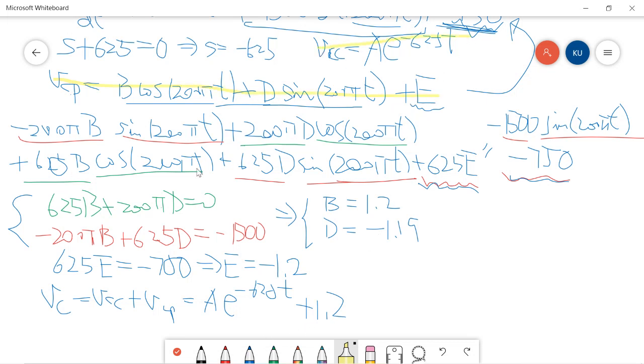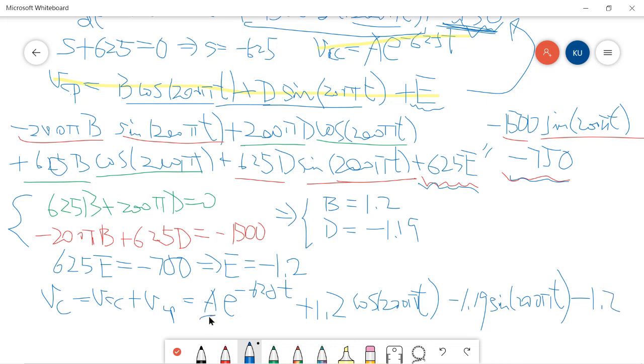So we have 1.2 cosine 200 pi t, and then the next term is d, minus 1.19, and then sine 200 pi t, and then the last term plus e. E is minus 1.2, something like this.